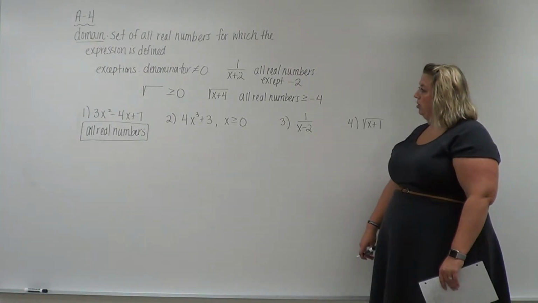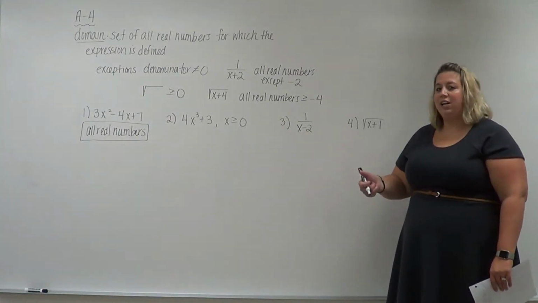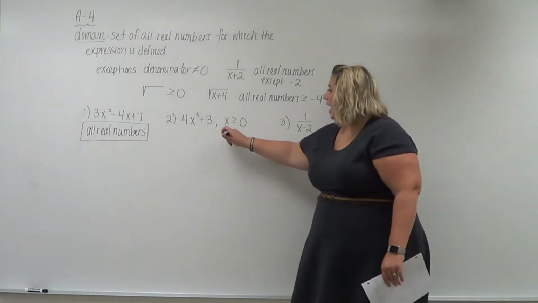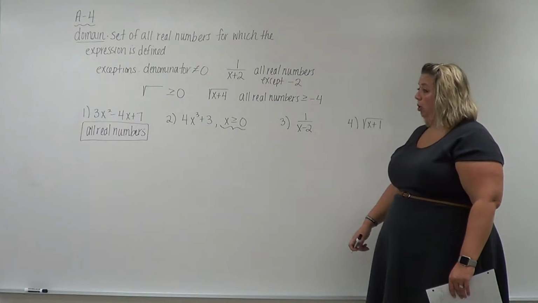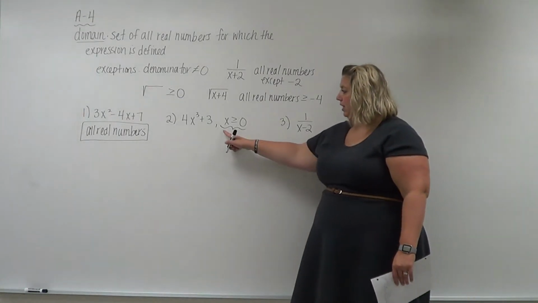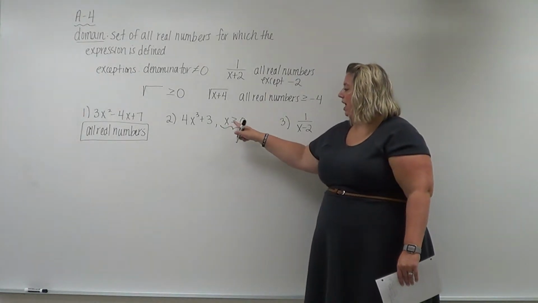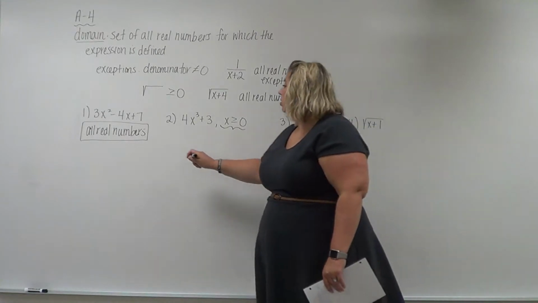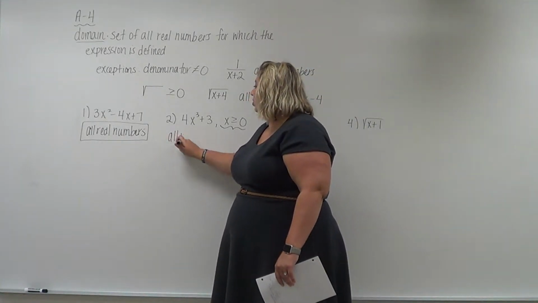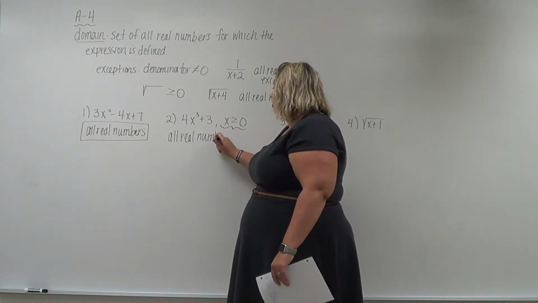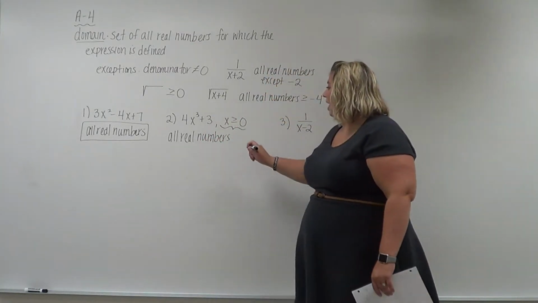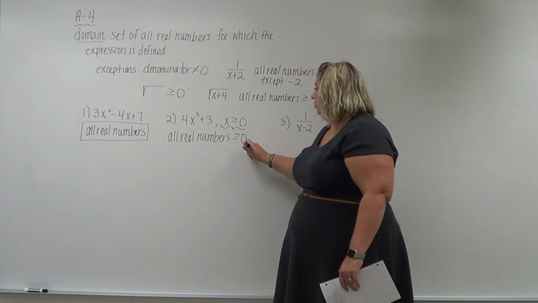Okay, number 2, there's no fractions and there are no square roots, but I have this special case over here. So it's all real numbers, but this tells me that x has to be greater than or equal to 0. So I have to put all real numbers, and then I have to follow that with greater than or equal to 0.